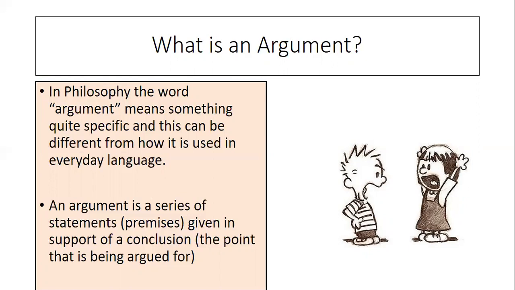Premise 2, Francis is a cat. Therefore, conclusion, Francis has 4 legs. The 2 premises, or the 2 statements at the start, support the conclusion that Francis has 4 legs. That's the difference between premises and a conclusion.